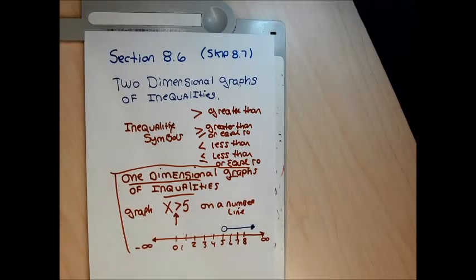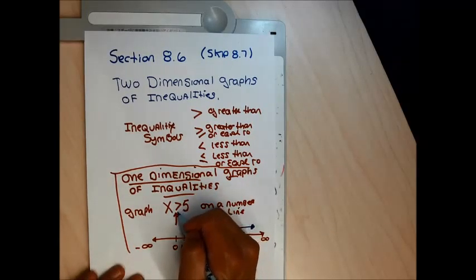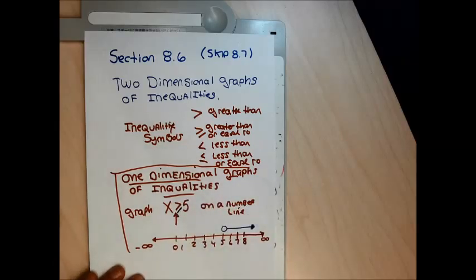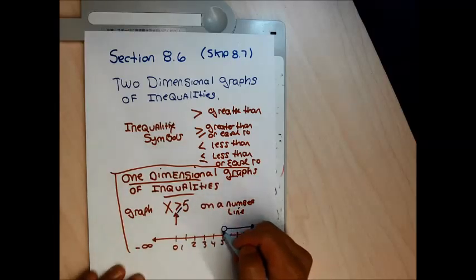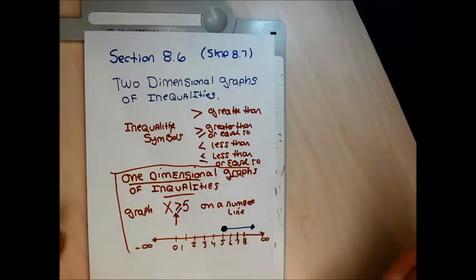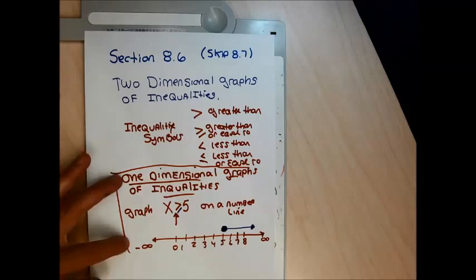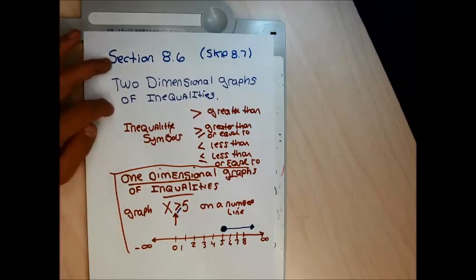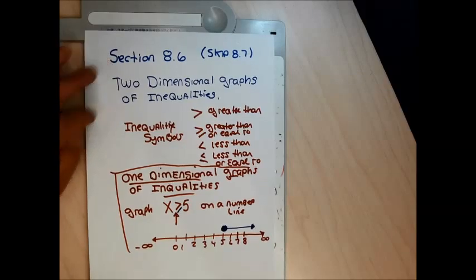If I change that problem, said sketch a graph of x is greater than or equal to 5 on a number line, then the only thing I would do to change the graph is fill that open circle up with a solid circle. So that's one-dimensional graphs of inequalities on a number line. In section 8.6, we're going to be doing two-dimensional graphs of inequalities on xy axes.